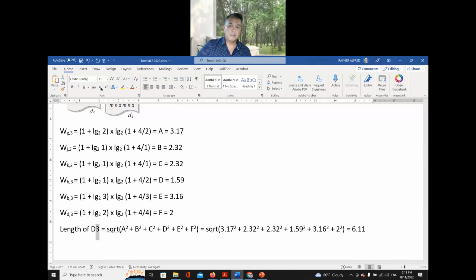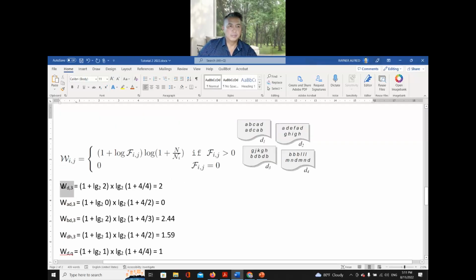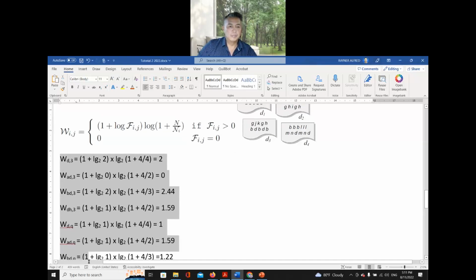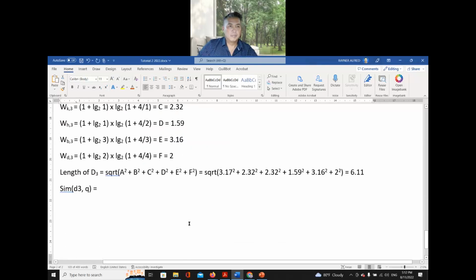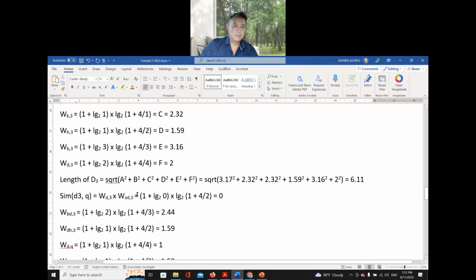So this is document 3. And then if you want to find the similarity, your job is to find the similarity between D3 and Q. Okay, so which is the weight of this one. So you solve this one.